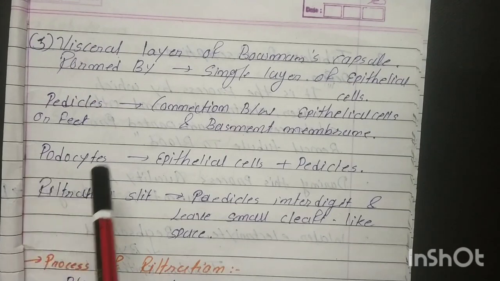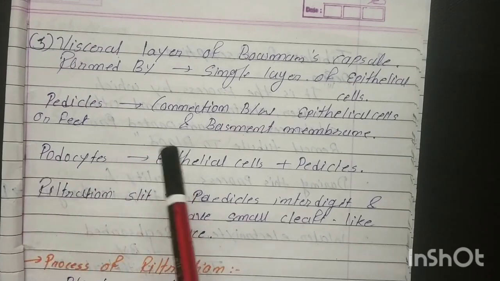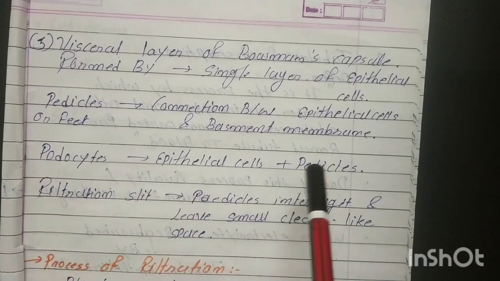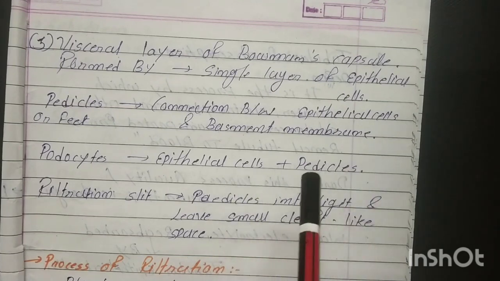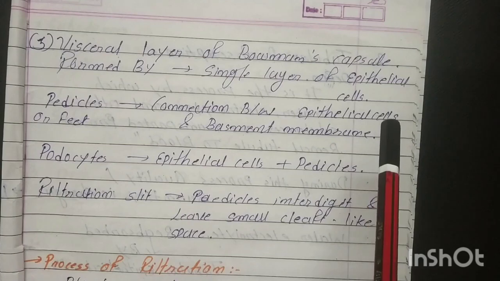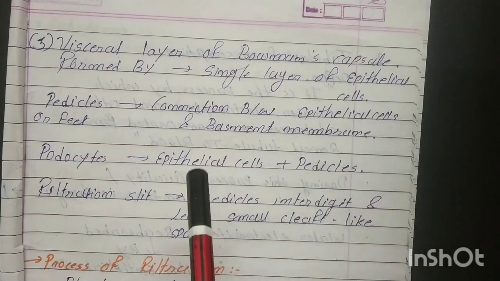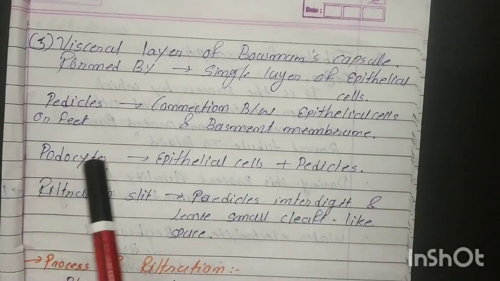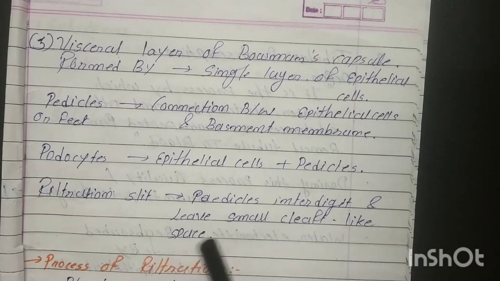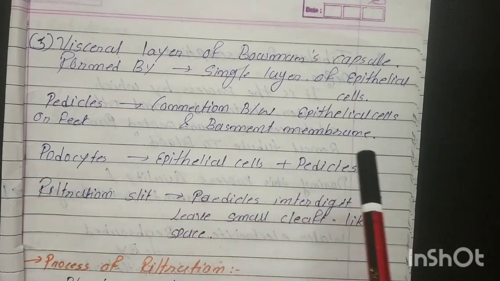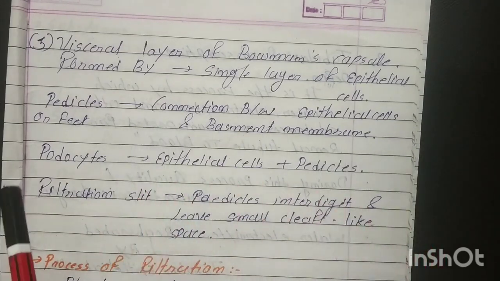So what are the pedicles? Pedicles are the connection between epithelial cells and the basement membrane of the visceral layer of Bowman's capsule, right? The epithelial cells plus pedicles are known as the podocytes.